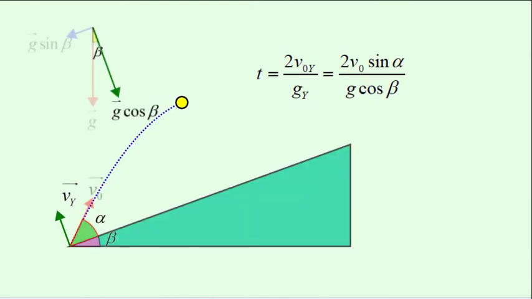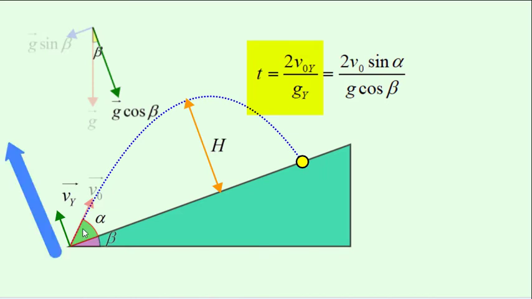Next we get to the inclined plane, and the basic time of flight is 2v0y over gy. Remember that we are considering motion along the y direction, which is not really the vertical direction.